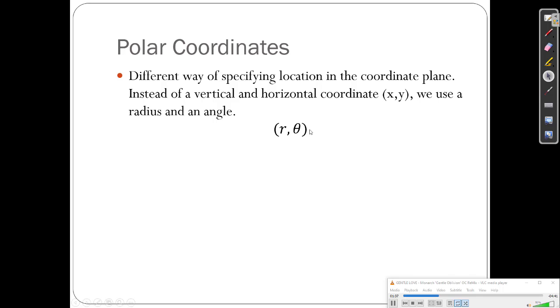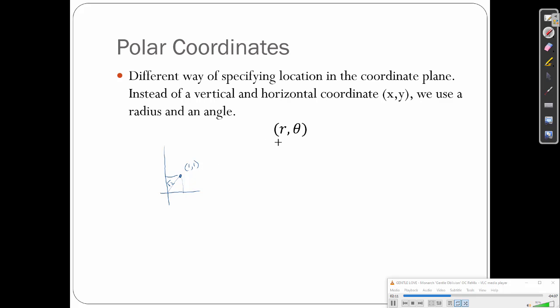So for example, let's take a very simple point. Let's take the point (1, 1). It is 1 unit right, 1 unit up. If you do the Pythagorean theorem, this distance has to be square root of 2. The Cartesian point is (1, 1).